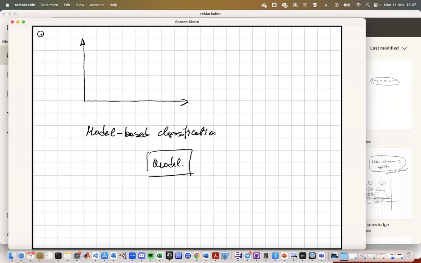It can be a distributed function, as we will learn later on with artificial neural networks.